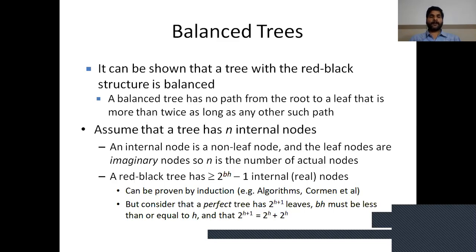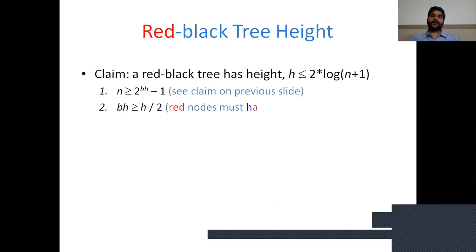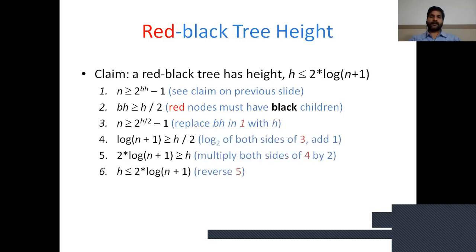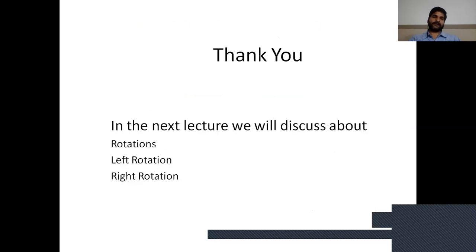Taking log on both sides, we prove the height of the red-black tree is h less than or equal to 2 log(n plus 1). The height is at most order of log n. Thank you.